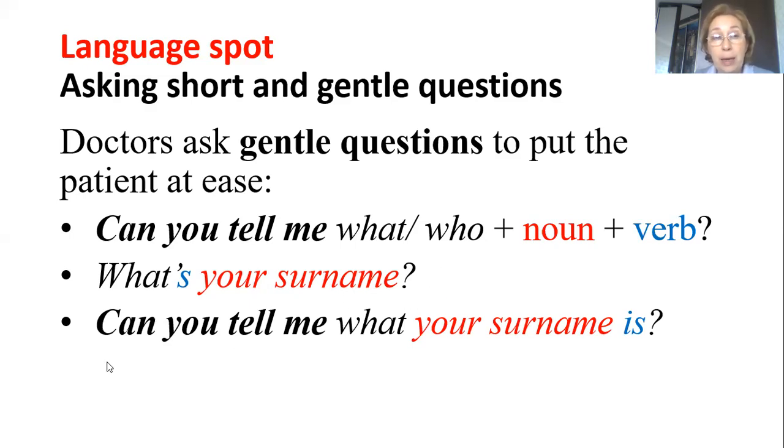But when we ask a complex question, we should change the order of words in the second part. Can you tell me what your surname is? Your surname is the noun, and the verb is moves from this place, what is, to the place after the noun.